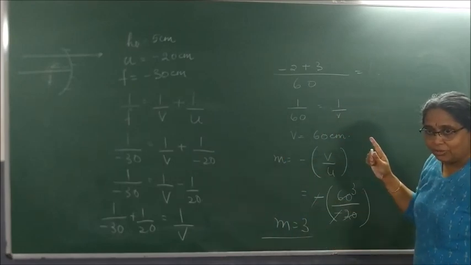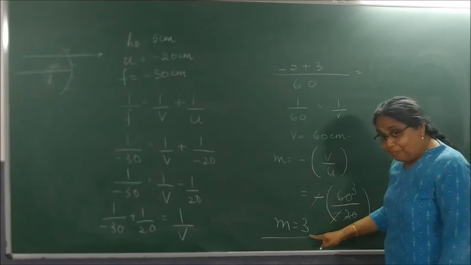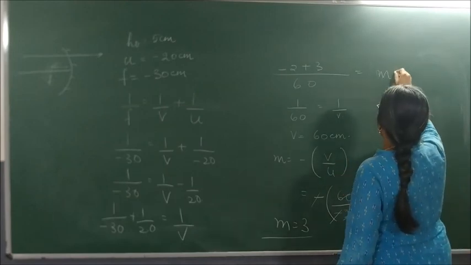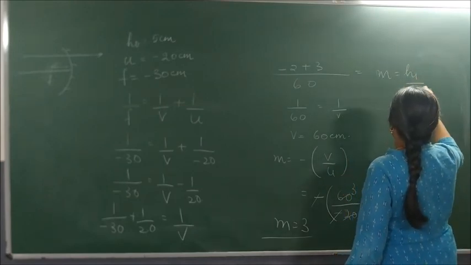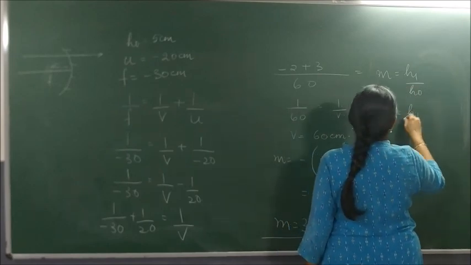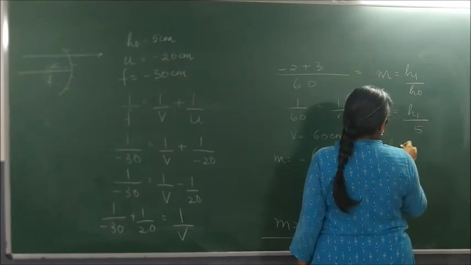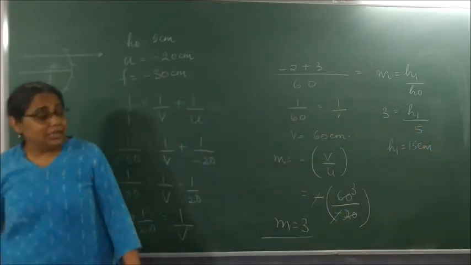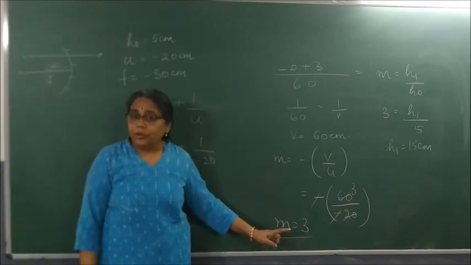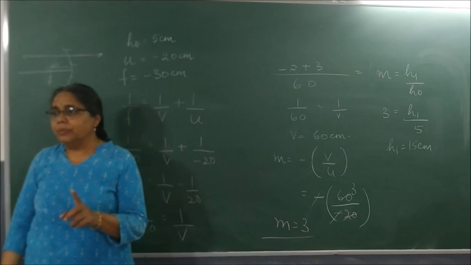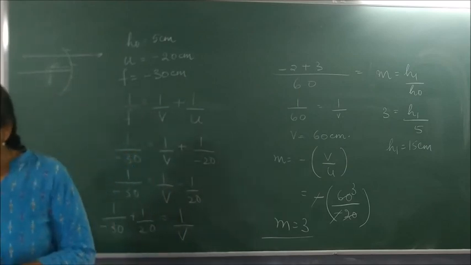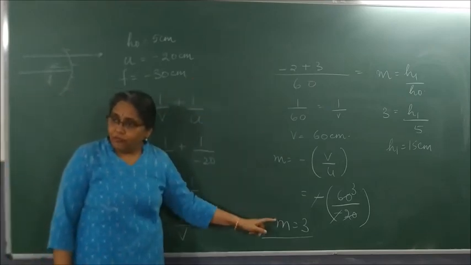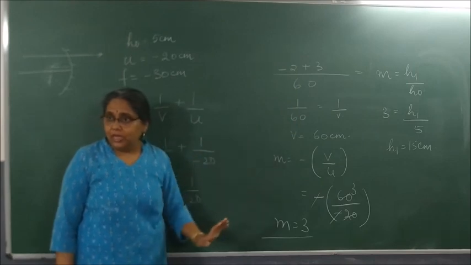Directly, M is equal to HI by HO. So 3 is equal to HI by 5. So HI is 15 centimeter. Why did I say magnification has to be there? Because if magnification is positive, the image is virtual and erect. So 3 marks come like this: calculation of V 1 mark, calculation of M 1 mark, calculation of HI 1 mark.